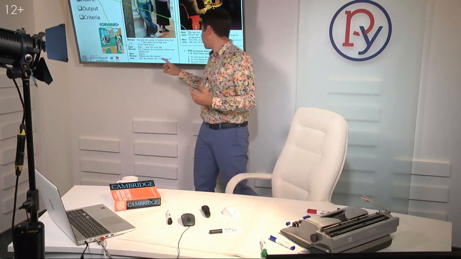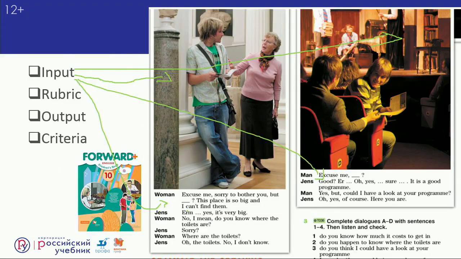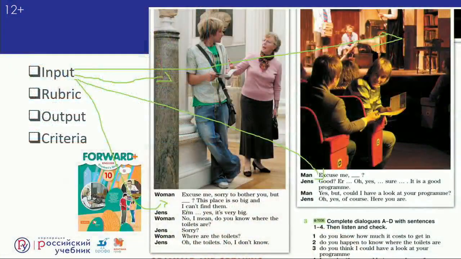Also, there is one more type of input that is indirectly mentioned in the task rubric. If you look at this part of the instruction, listen and check. There is also audio input that we'll use for assessment of the task later. But overall, there are 3 different types of input. Visual input, verbal input, and audio input.